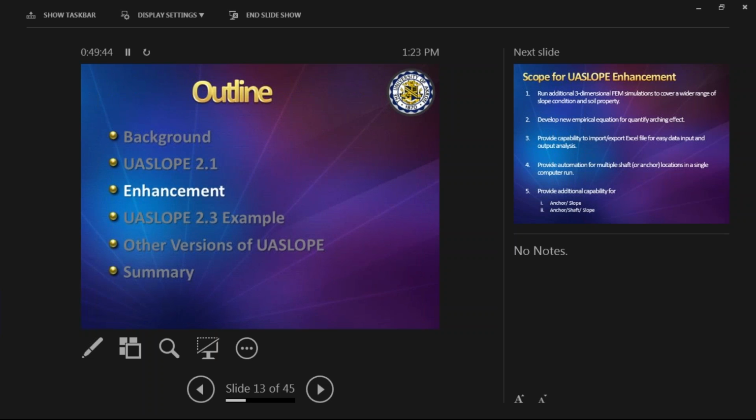After several years of usage of the program, we have identified there are some bugs in the program, and also we want to streamline the design or optimization process so that we can save the engineer time in using the program for design purposes.